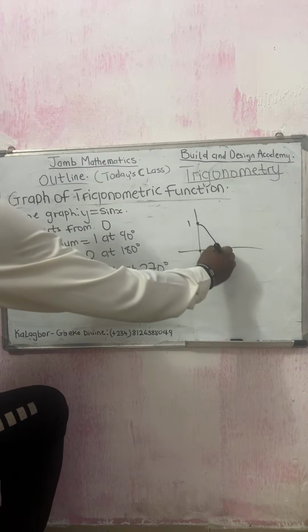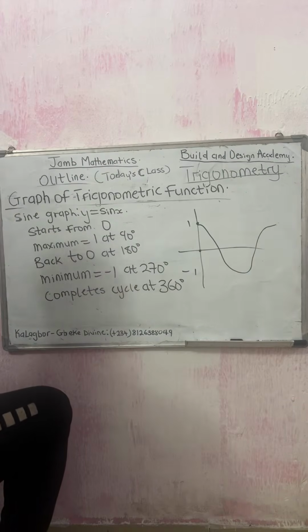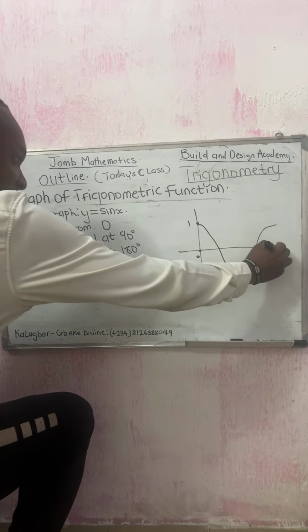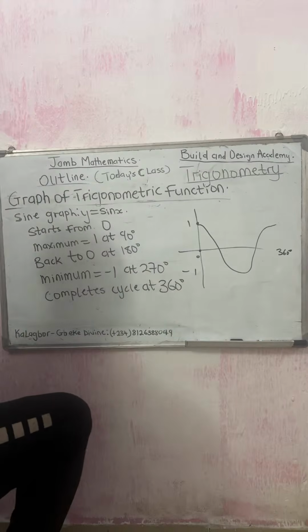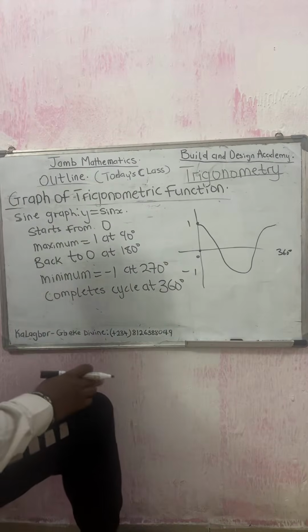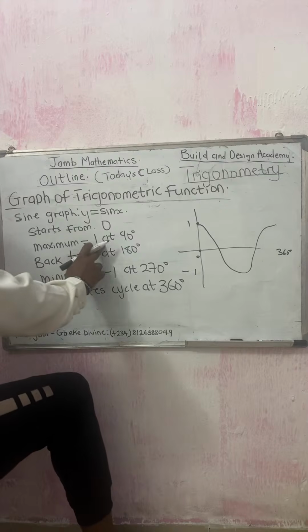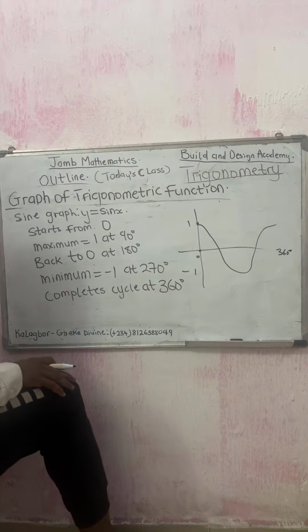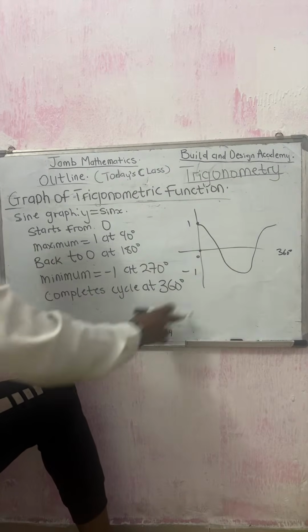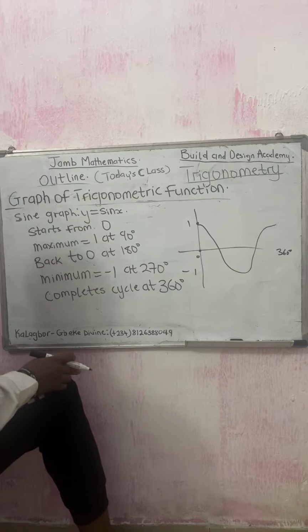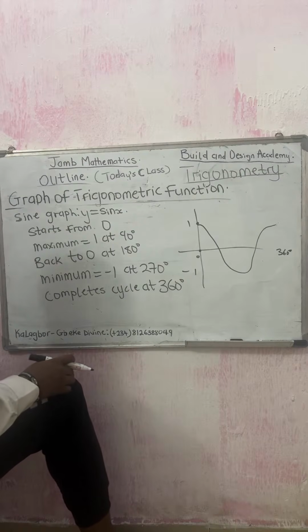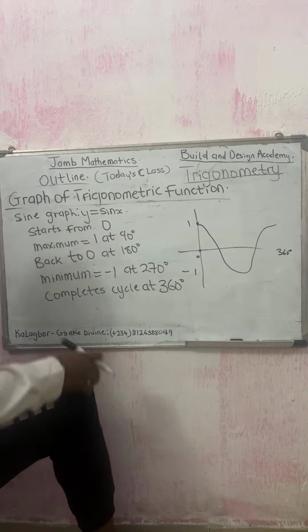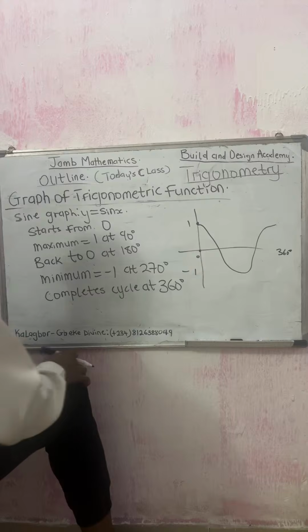We went like this, then went back to 0 again at 180 degrees. Then the minimum, -1, at 270 degrees. Then it ended at 360 degrees.